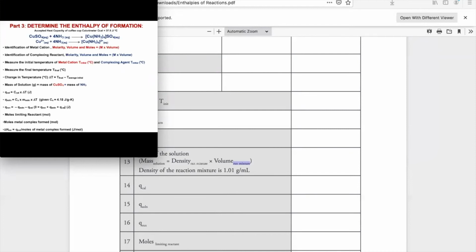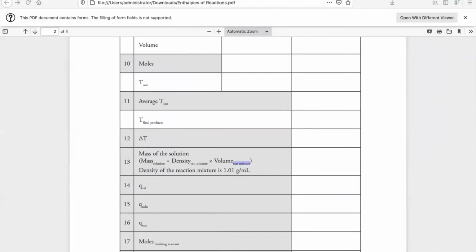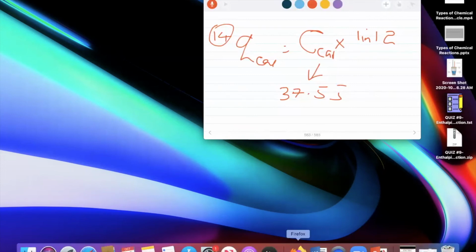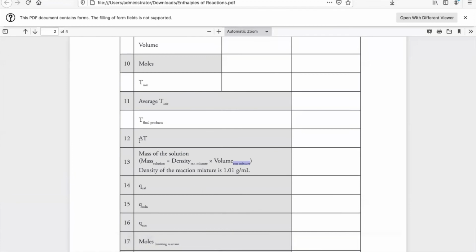What I'm writing down here is this. For line 14, the heat capacity for calorimeter, section 5.1, you have the literature value. Line 12 is the change in temperature. That will give you the answer.